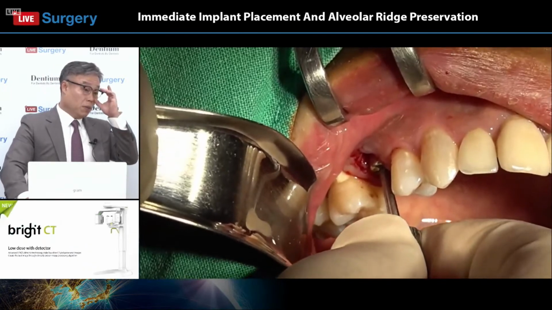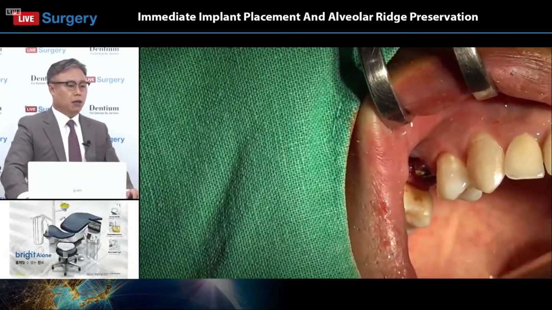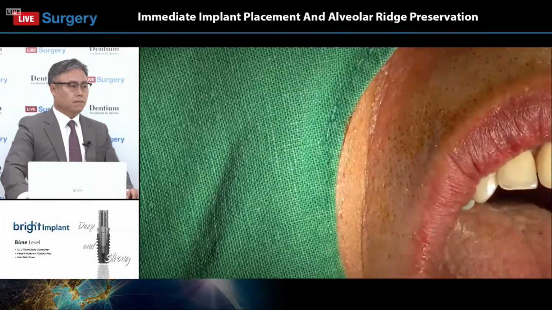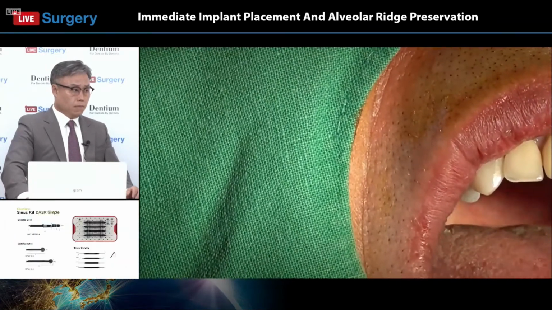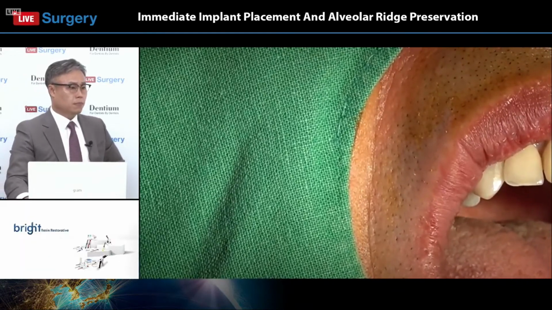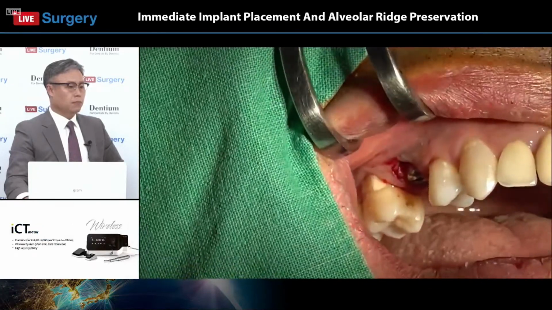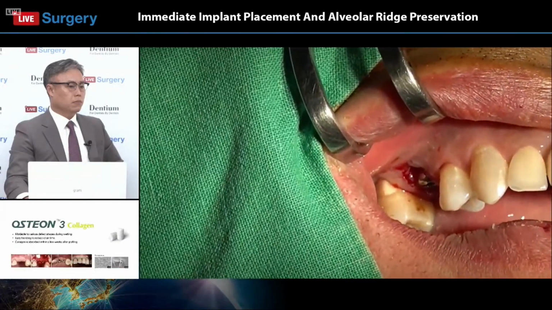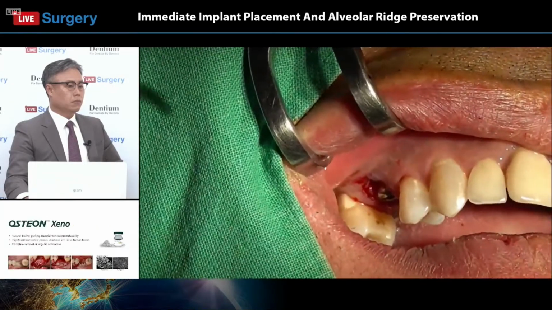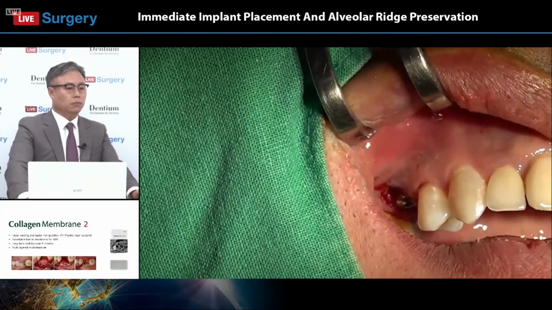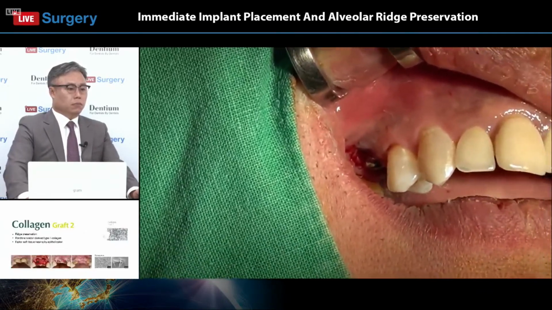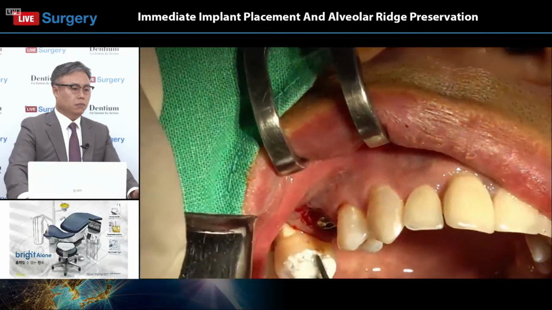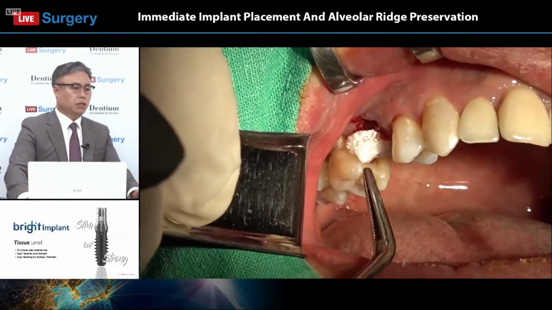Making sure some part of the healing abutment is exposed above the gingival line. And he's also using the collagenated bone graft material.